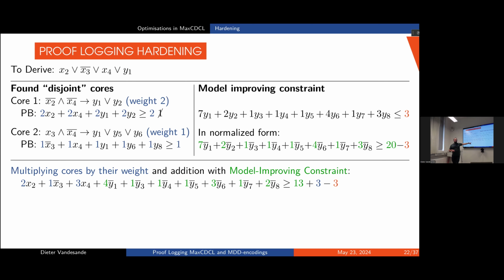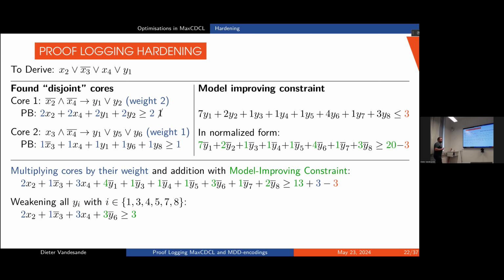So that simplification I did here already. And of course, the sum of the weights of the cores cancels out with the current best found objective value minus 1.